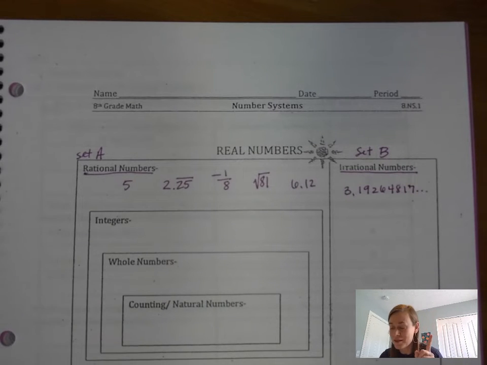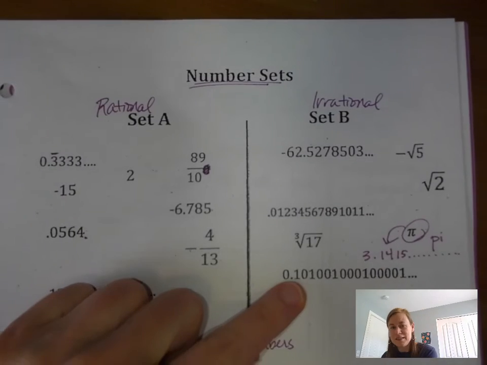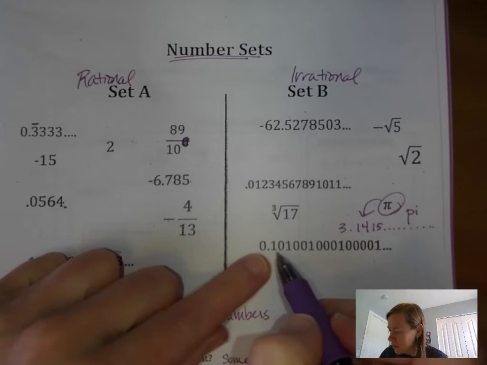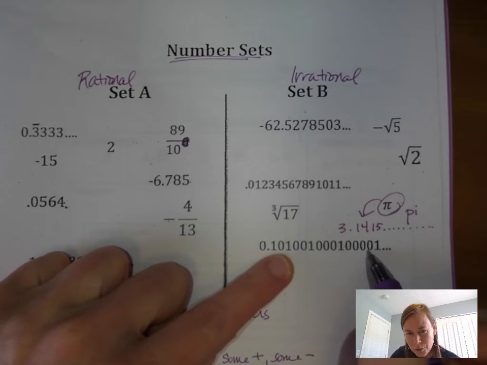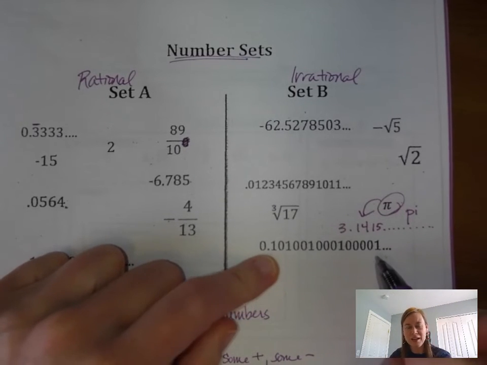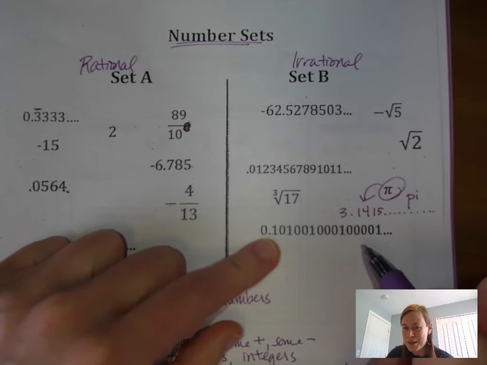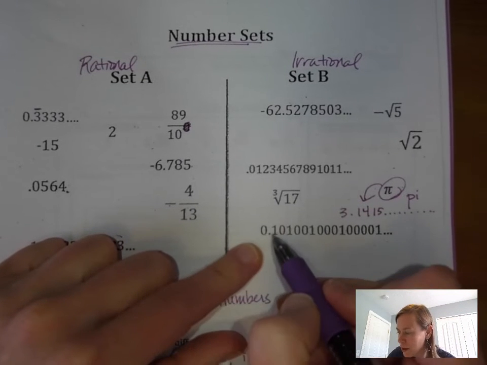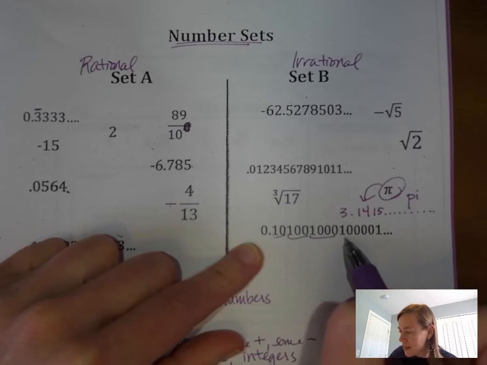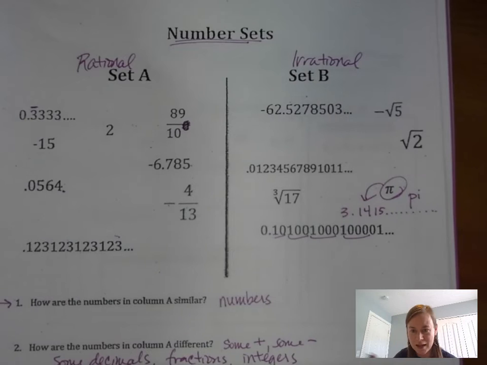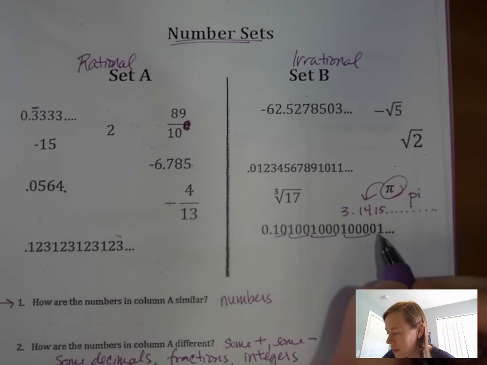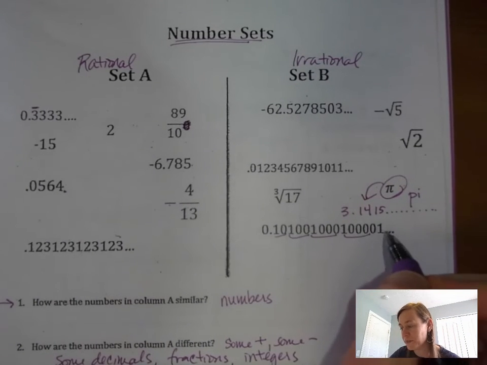Now speaking of patterns, over here, see this one? It's 10, 100, 1000. This is a pattern, right? It's just one more zero in between each time. But it's not, strictly speaking, a repeating decimal because the pattern is changing each time. See how it's getting longer? It's not like you could just copy and paste it on a computer and do it a million times and it's all the same. It changes, and so it is irrational. Same thing here.